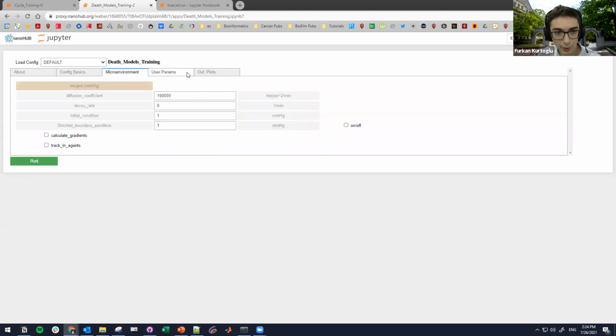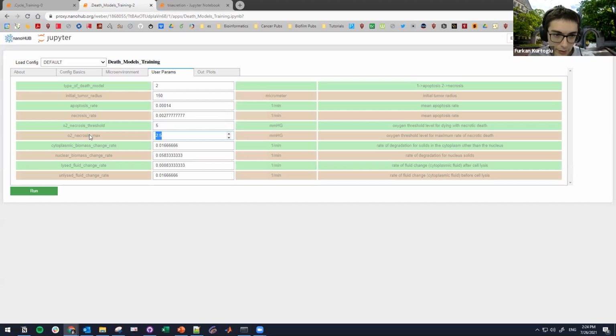In the necrosis part, I just want to again explain the conditions. The initial condition is one, and the Dirichlet boundary condition is one. Here the necrosis max is 2.5, which is the default in PhysiCell, and the necrosis threshold is 5, where the necrosis starts.